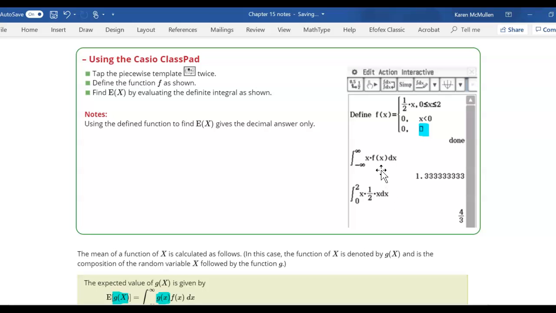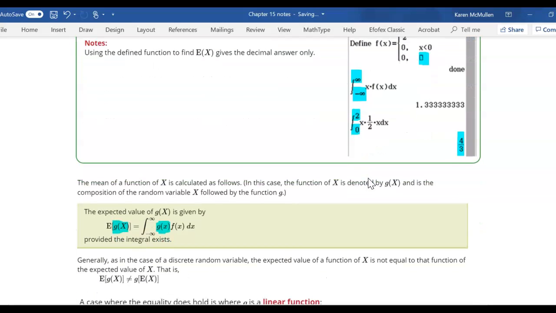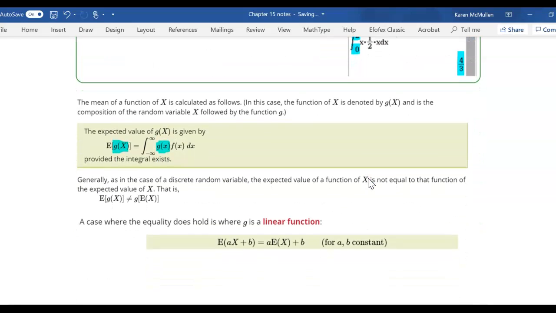Here they've done it with infinity to infinity, which wouldn't make any difference because it's going to be 0 everywhere else anyway. So 1.33 is obviously the same as 4/3, but stick to the lower bound and the upper bound if it is given to you. All right, so not a difficult question to do.